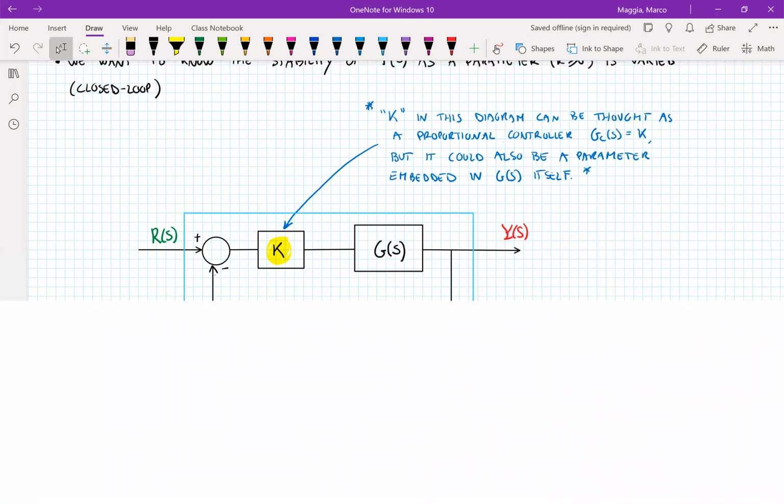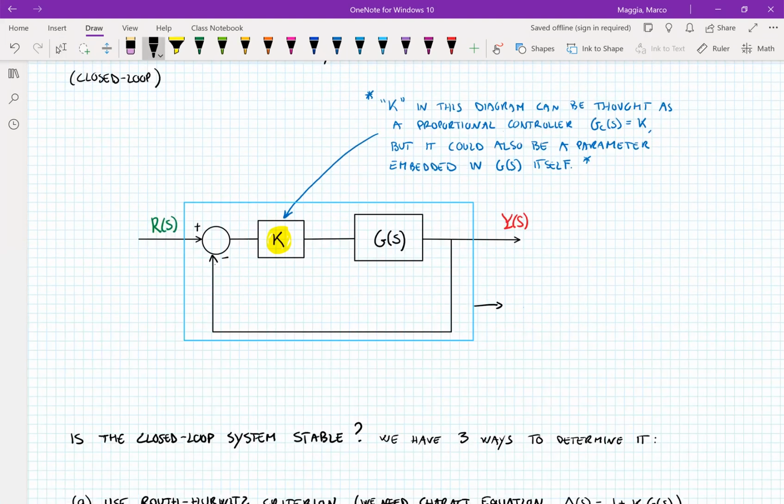And why do I say that? Well, that's because the closed loop transfer function T of s, given this block diagram, is given by K times G over 1 plus K times G. So for different values of the parameter K, we're going to have different poles of T of s.